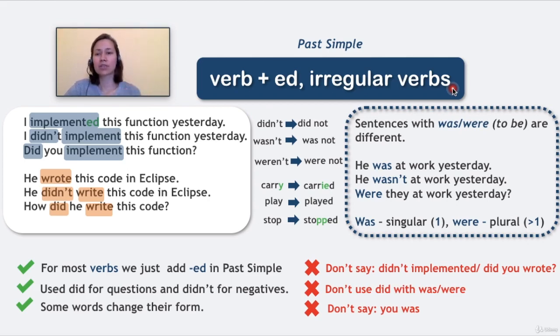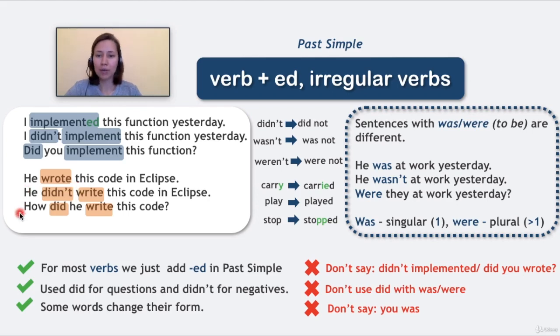In resources to this lesson, you will have the list of most common irregular verbs, so you can go through them and revise and learn if you don't know them. So he wrote this code in Eclipse. He didn't write this code in Eclipse. How did he write this code? So as you can see here, just in the positive sentence, you will need to take the second column of irregular verbs.